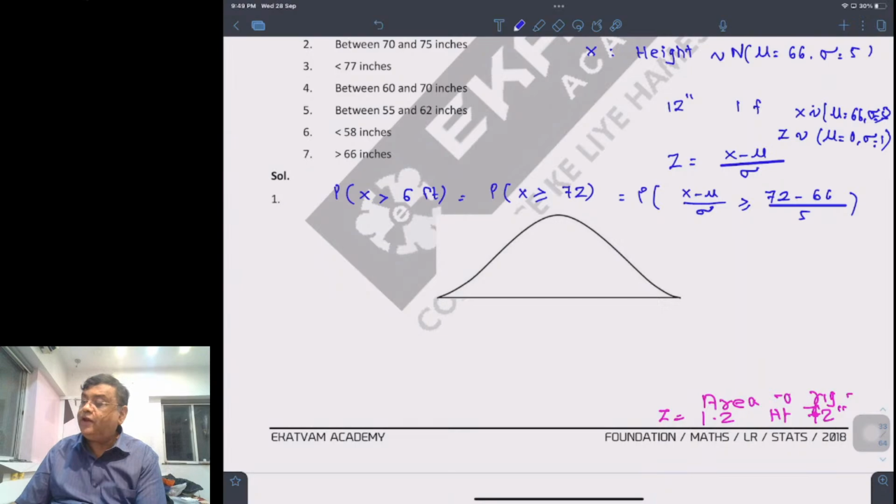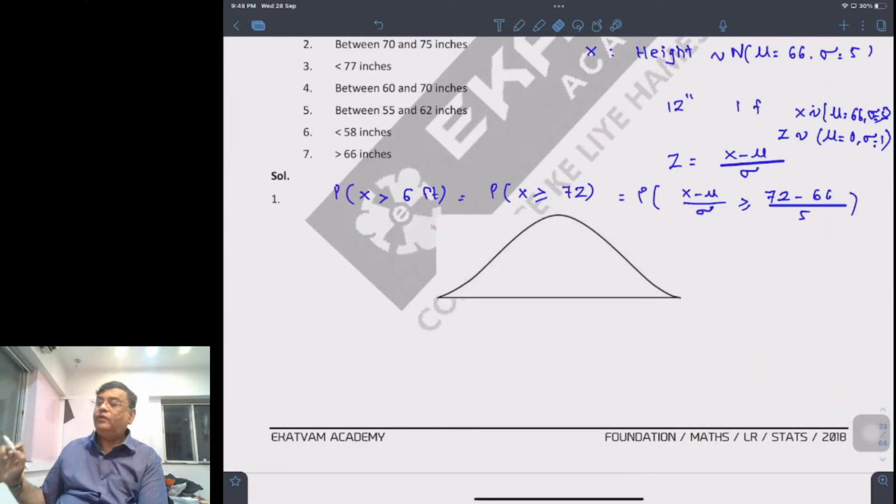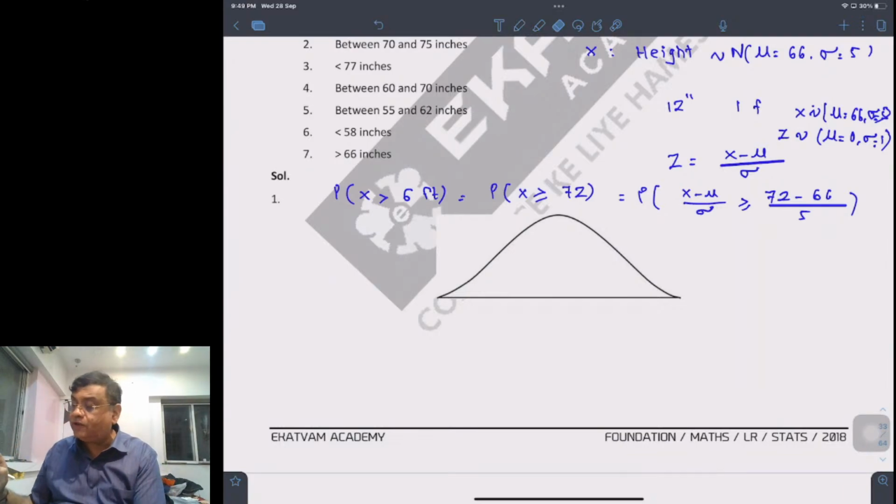I repeat, what did I do? The table is not made for x. The table is made for z. And as such, I converted x to z. How did I convert x to z? I subtract mu and divide by sigma. So from this 72, I have to subtract the value of mu, 66, and divide by sigma, which is 5.